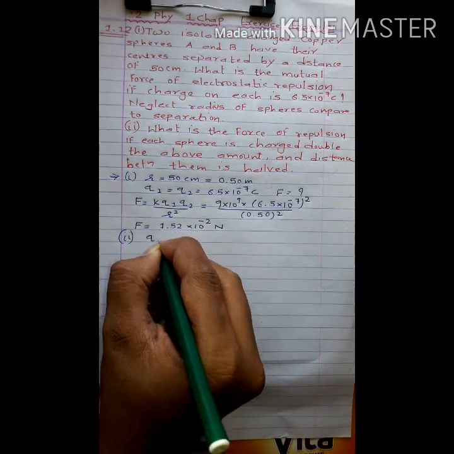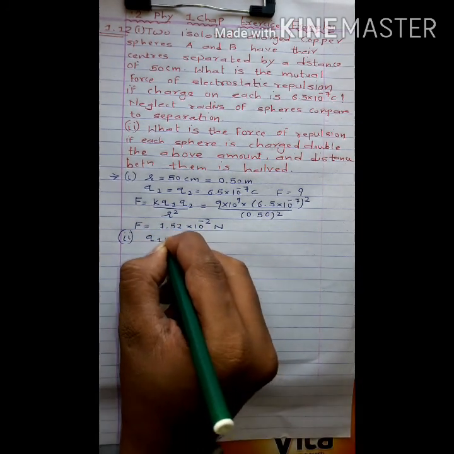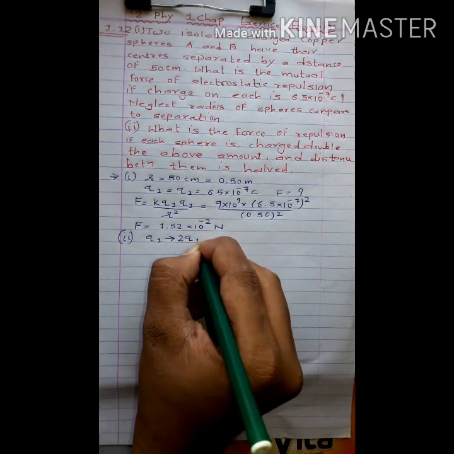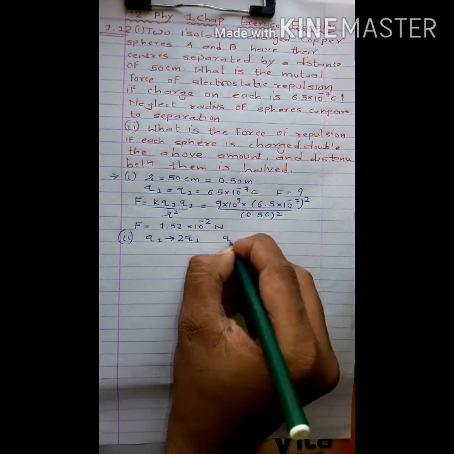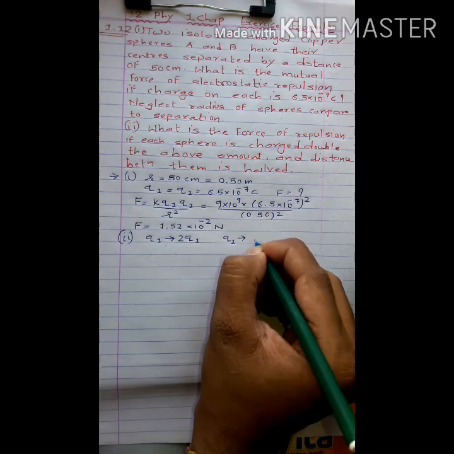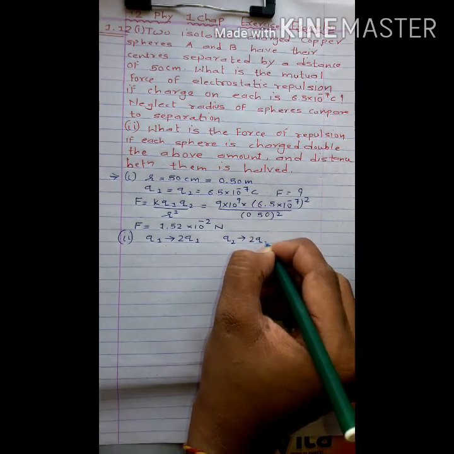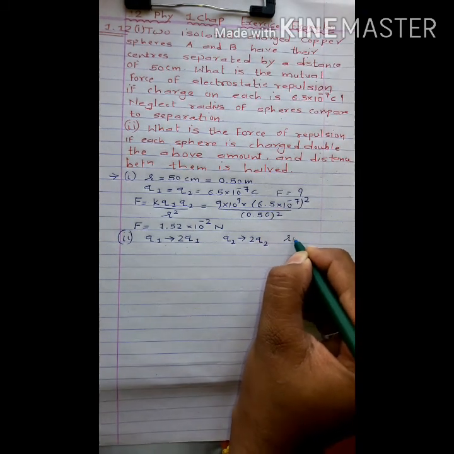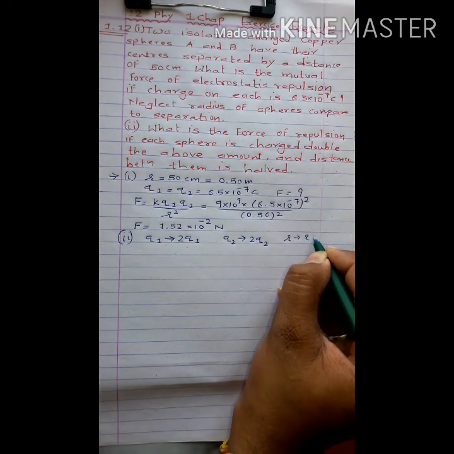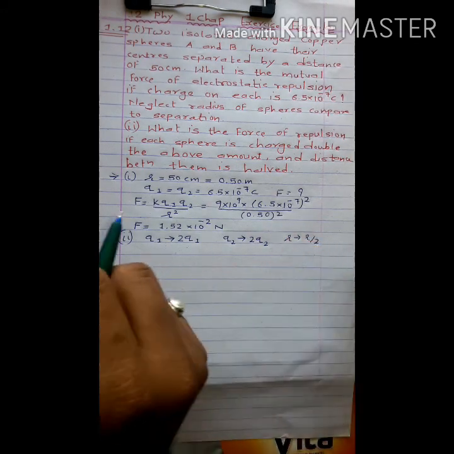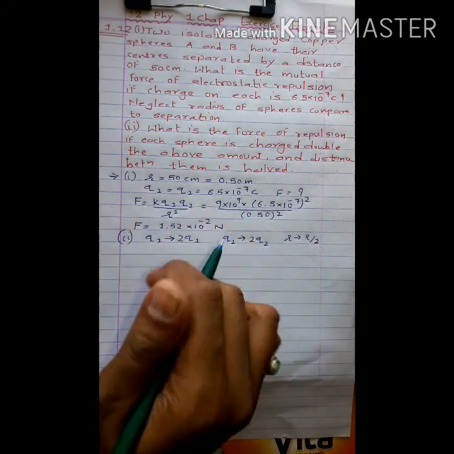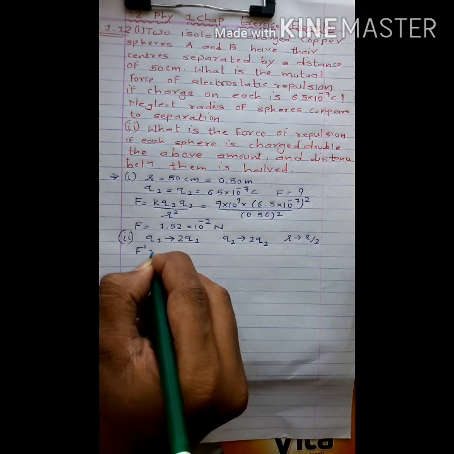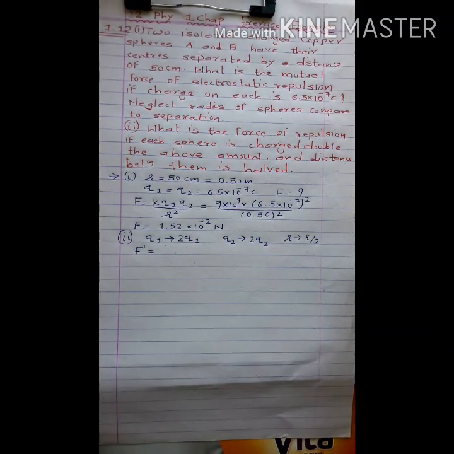The charge on both spheres becomes double, so instead of q1 we will use 2q1, and instead of q2 we will use 2q2, and the distance between them is half, so distance r is replaced by r by 2. Now try to form our new force. The new force between these two copper spheres is suppose F dash.